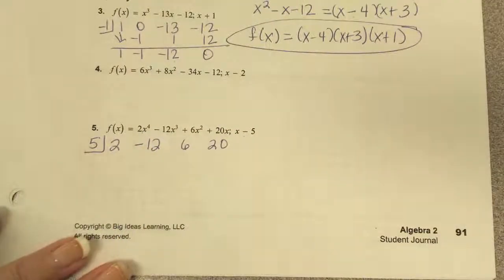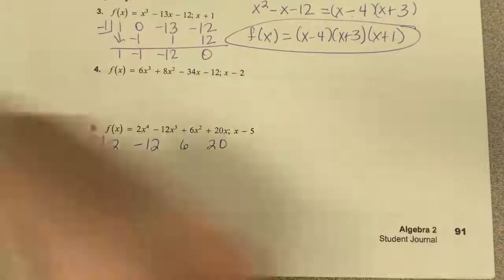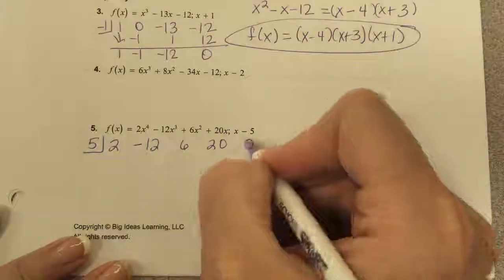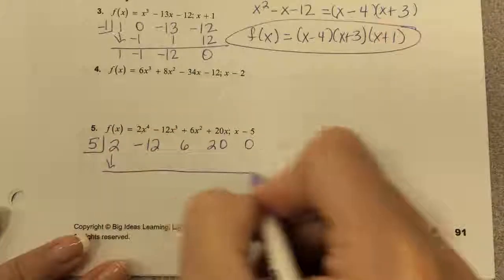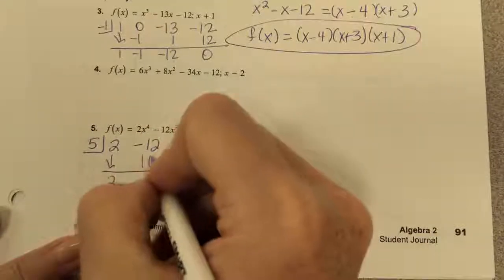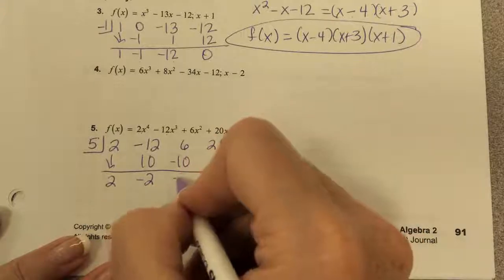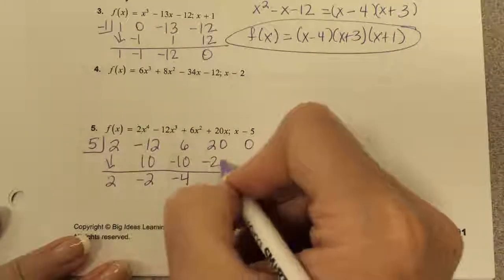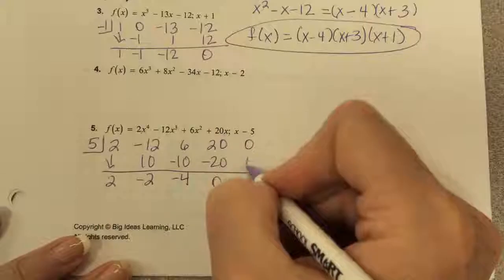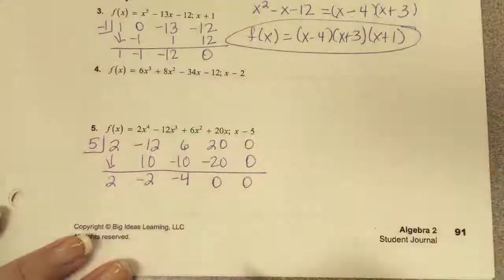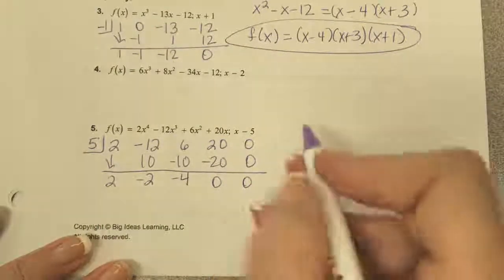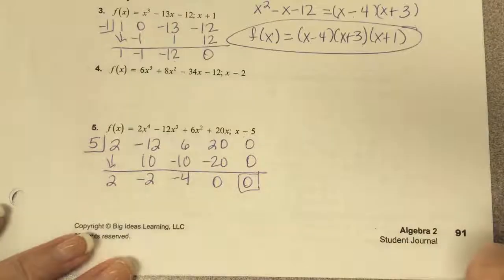Anybody know what else I would have to put though? A 0 for the constant. I bring this down, multiply, add, multiply, add, multiply, add, multiply, add. All right, so I'm left with this.